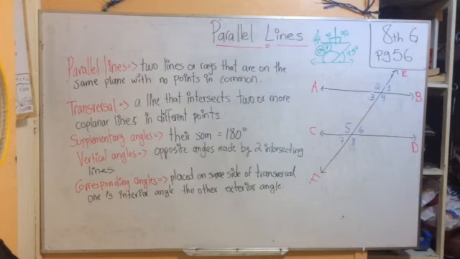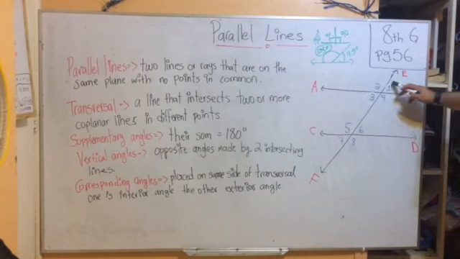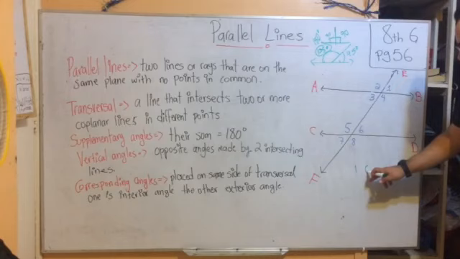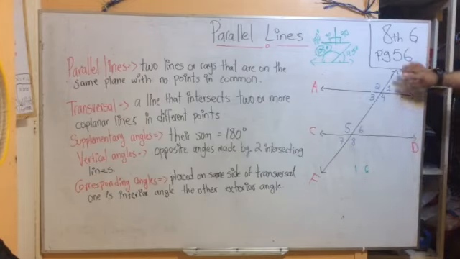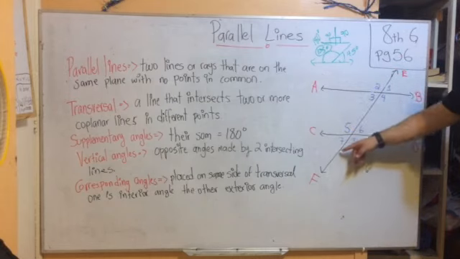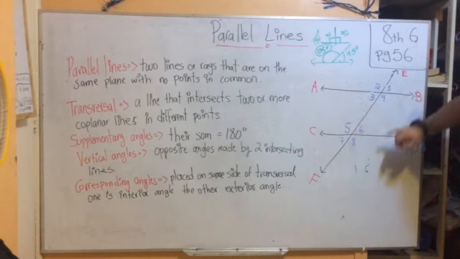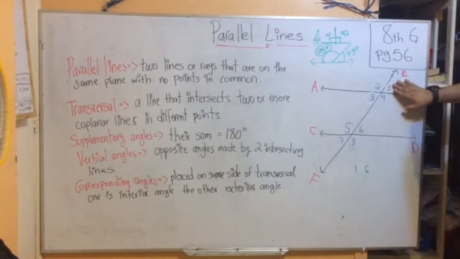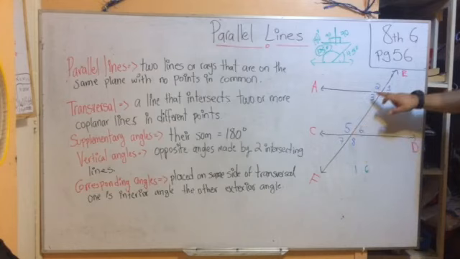For example, one example would be number 1 and number 6. Angle 1 and angle 6 are corresponding. Why? Because this one is exterior and this one is interior, and they are caused by the same transversal touching the two lines, but this one is here, this one is here. The same thing would happen with 5 and 2, but this one is interior, the other one is exterior.